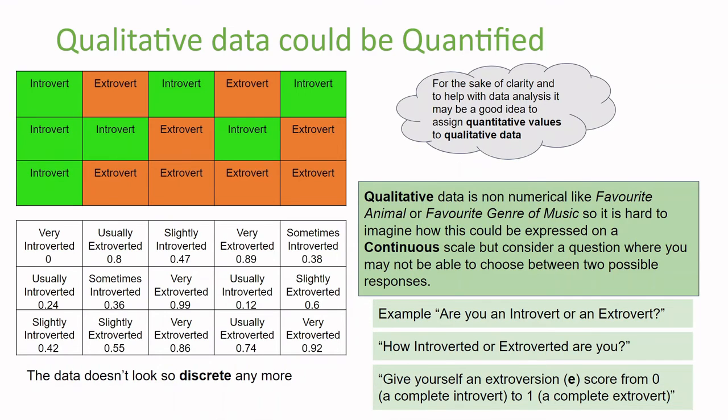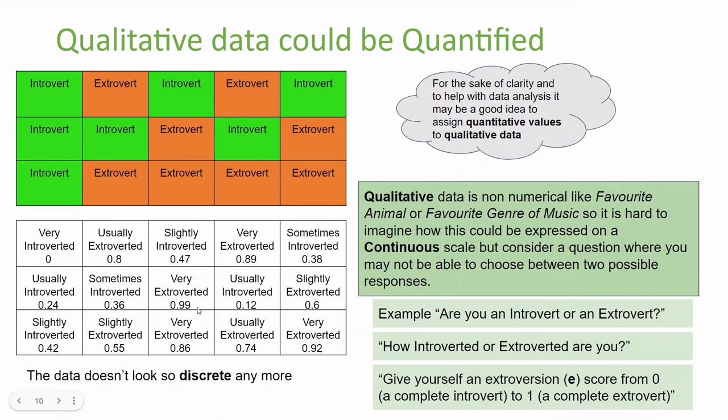Here are some results that I might get from these same people. The person who originally said they were introverted, who later corrected that they are very introverted, might give themselves a score of 0 on my extroversion score from 0 to 1. Whereas this person who said they were extroverted, who later said they're actually very extroverted, might give themselves a score of 0.99.